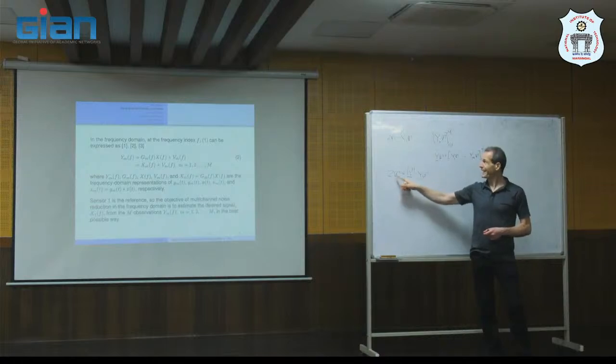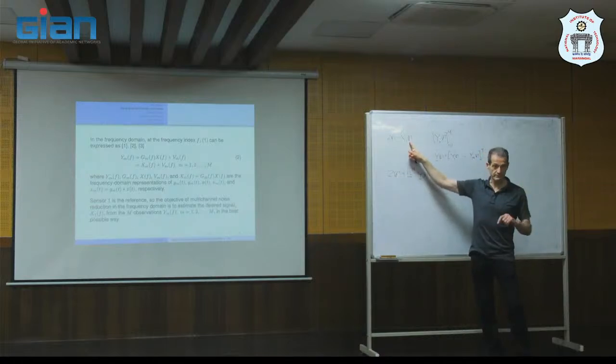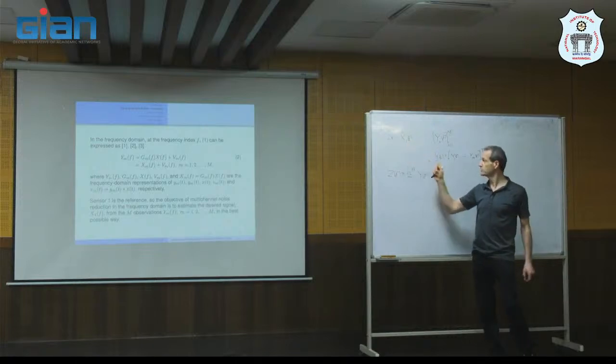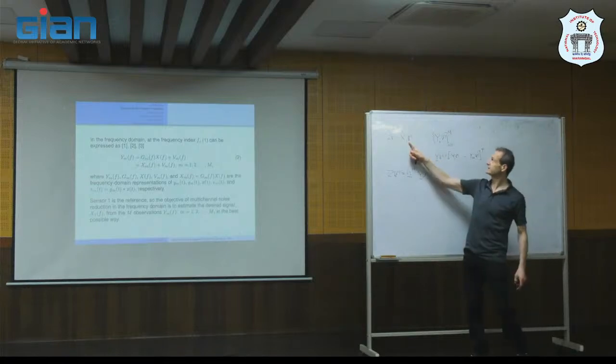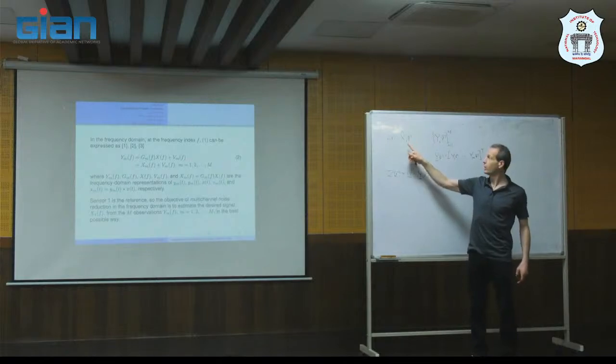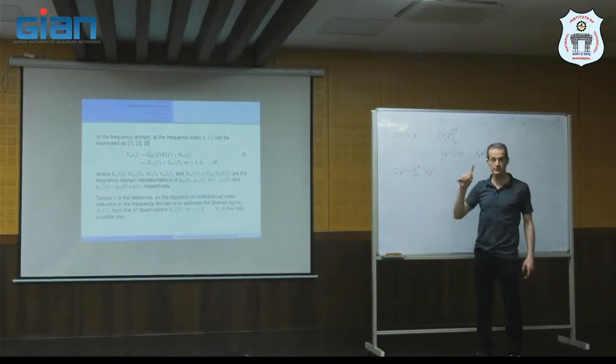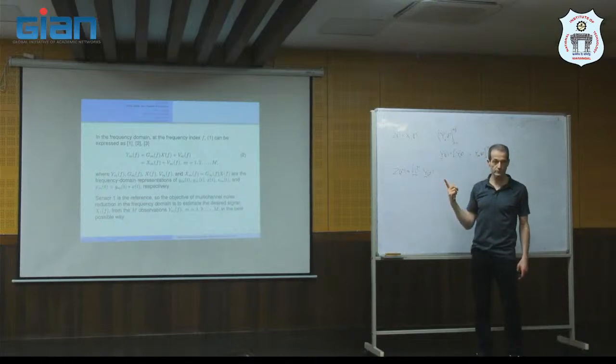Here, I estimate one frequency, f. Maybe, if I use the correlations between frequencies, I want to estimate all frequencies at the same time of x1. Okay? Not a single frequency. So what will I do?